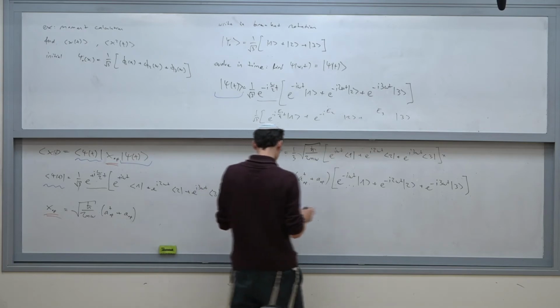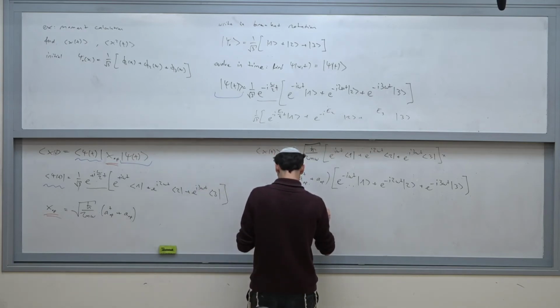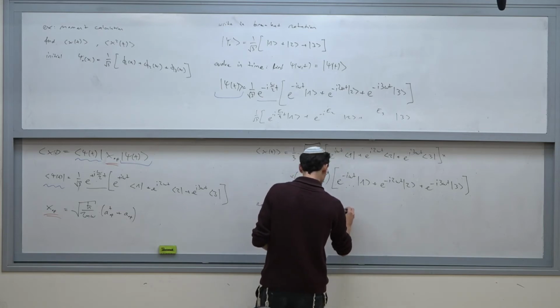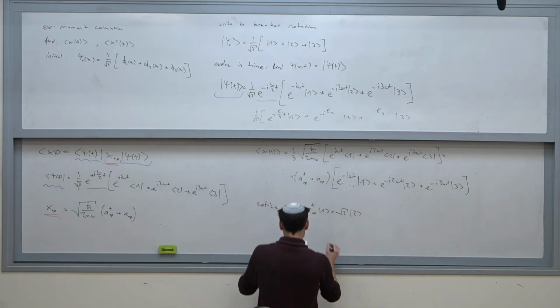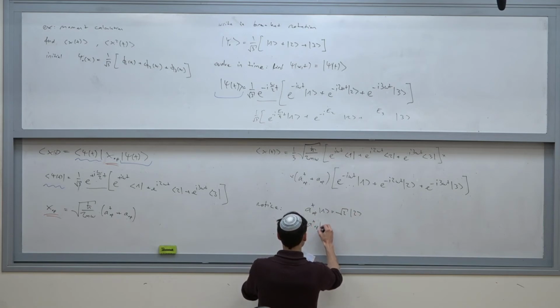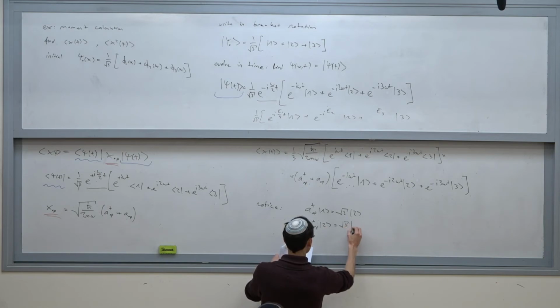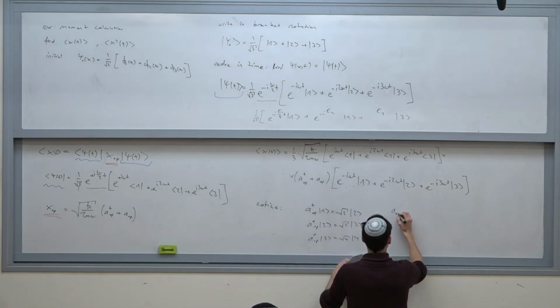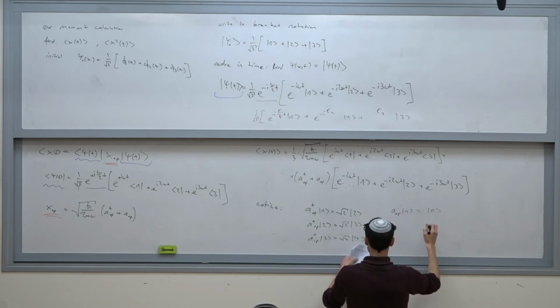So what we have to use is the fact that a dagger acting on 1 gives root 2 times 2. A dagger acting on 2 is root 3 times 3. A dagger acting on 3 is root 4 times 4. That's easy. A acting on 1 is just 0. It's the ground state. There's no negative numbers, right?